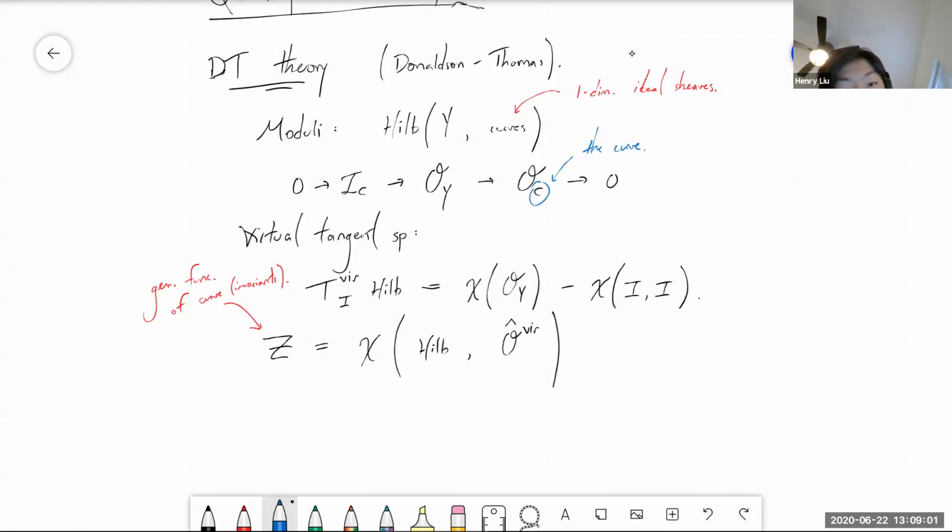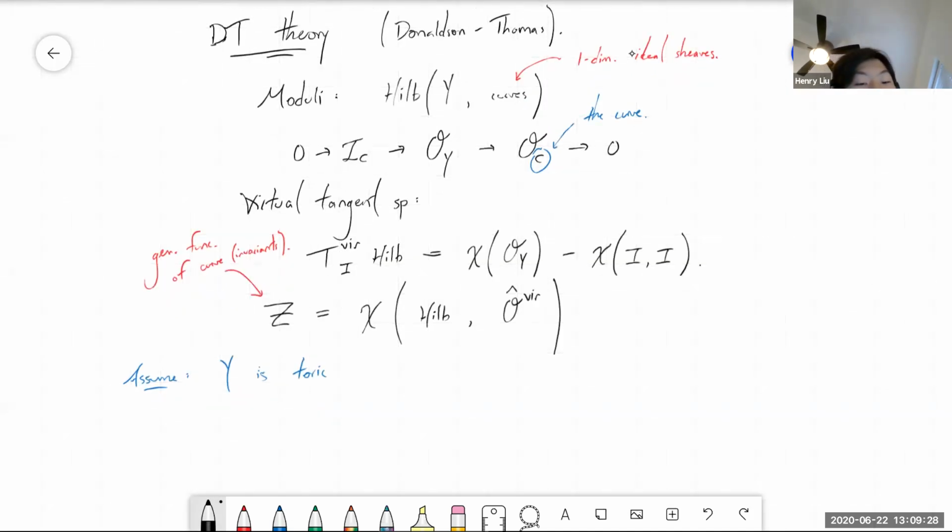So we're only going to work in the case where Y is toric. This will be an assumption that we make. And there are some very general degeneration arguments using which you can just assume that you're in this case.